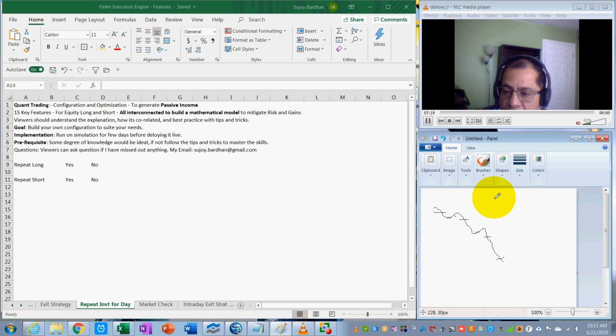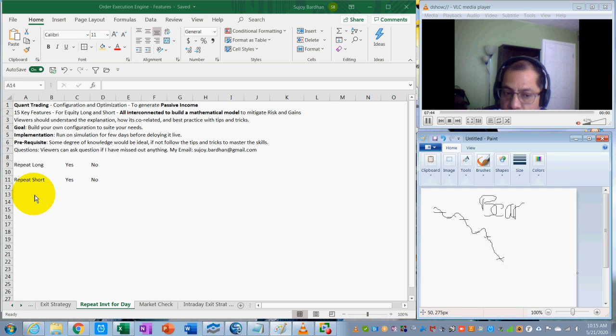So even in a bear condition you are getting profits from a stock by shorting. So when you say a repeat investment, this is exactly what it means, when you are repeating the same investment, and this is good for the day.